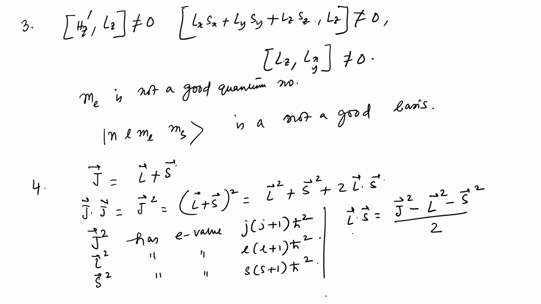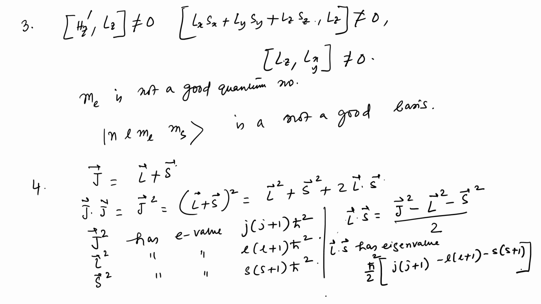Okay. So, this L dot S has eigenvalue equal to half of J into J plus 1 minus L into L plus 1 minus S into S plus 1, with the h cross square outside, and that is the eigenvalue for this.